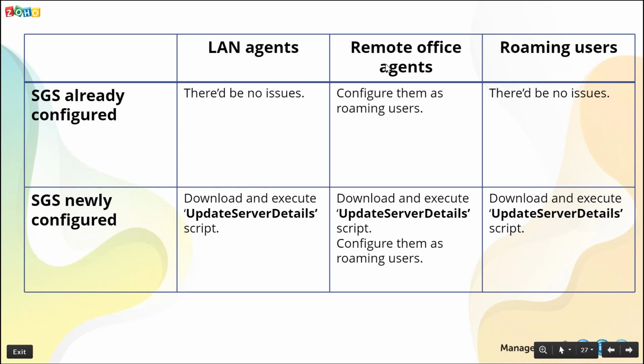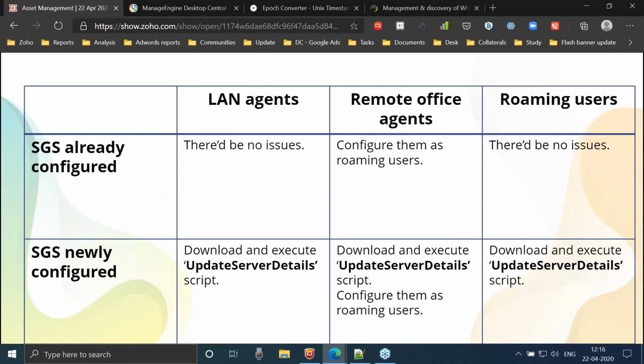In case of branch office agents, you will have to make them as roaming users. Before configuring them as roaming users, it is always better to export the branch office details because once the dust settles down with work from home, you always need a restore point to get back. Let me show how that is done.